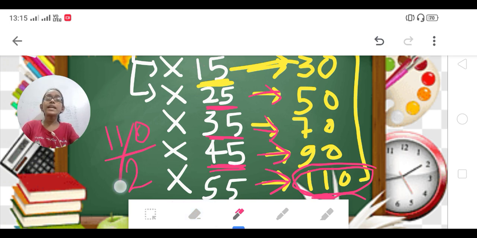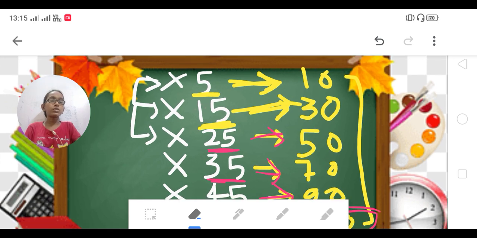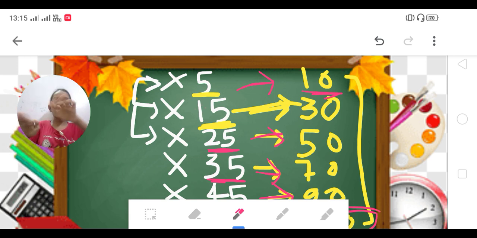Why are we dividing by 2 here? Here we are dividing by 2 because you have doubled up the answer. When you have to multiply any number by 5, what you do is multiply it by 10. Multiplying by 10 means you doubled up the number. Now you have to take out the half, so you have to halve the number.